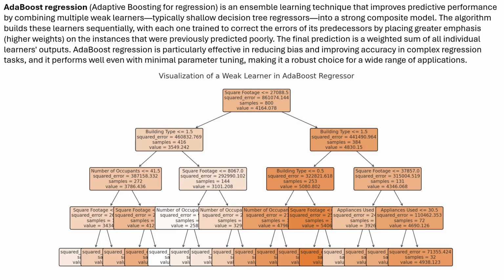The algorithm places more emphasis on data points that were predicted poorly in earlier rounds, essentially boosting their performance for subsequent learners. The final output is a weighted sum of all these weak learners, producing a robust model that often performs well, even on complex datasets. It's particularly effective for regression tasks where traditional linear methods may fall short due to non-linearity or interactions among features.